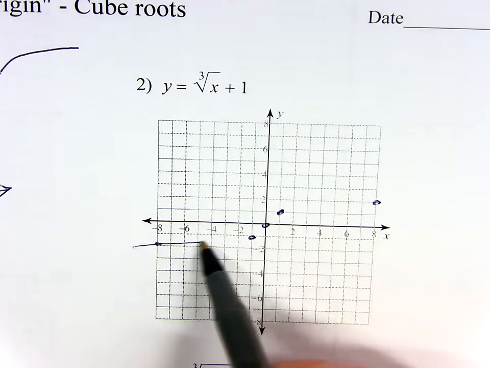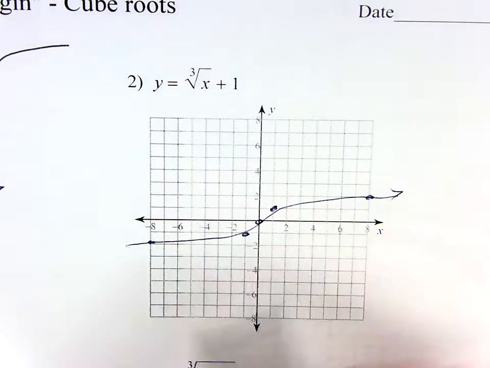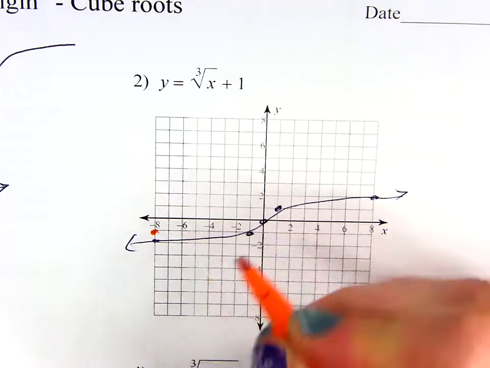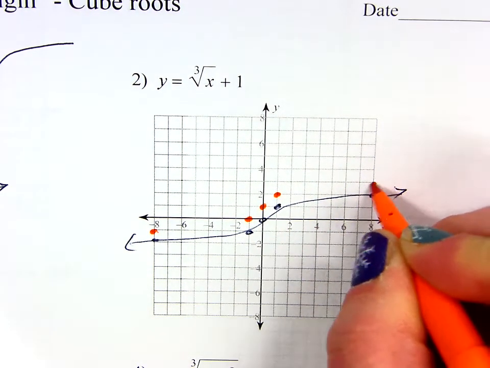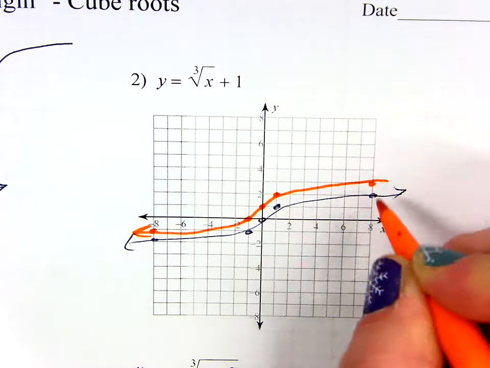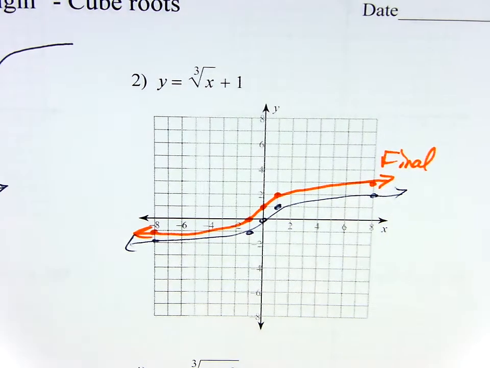So there's my parent function, and then I just take each one of those points and I shift it up 1 unit. And in this case, that's it for my final graph. Easy enough?